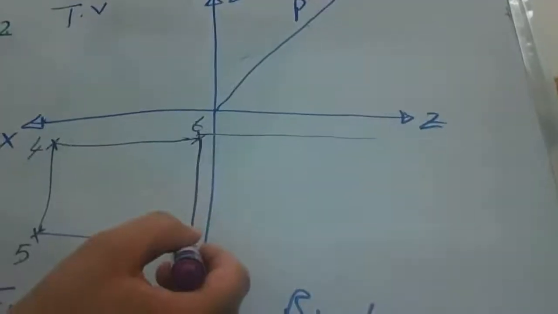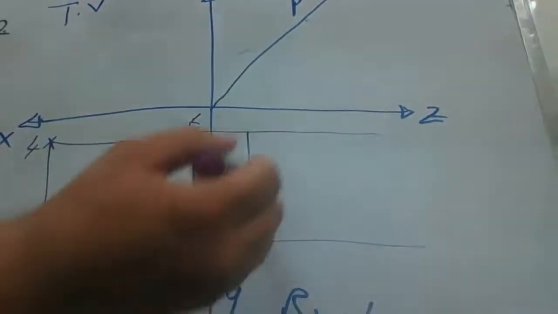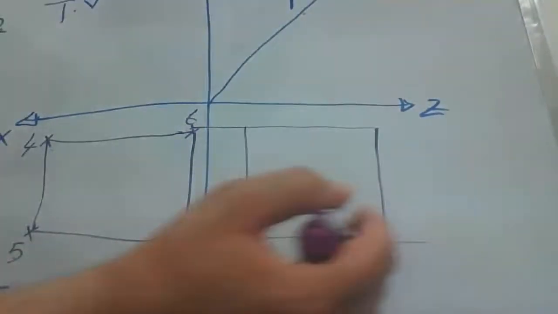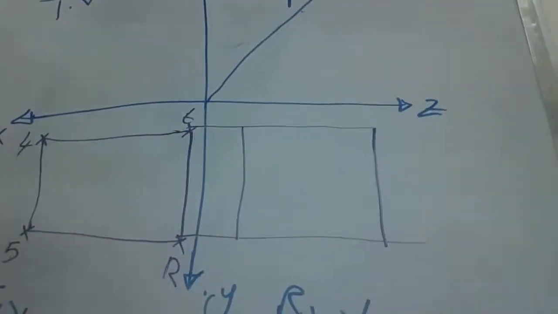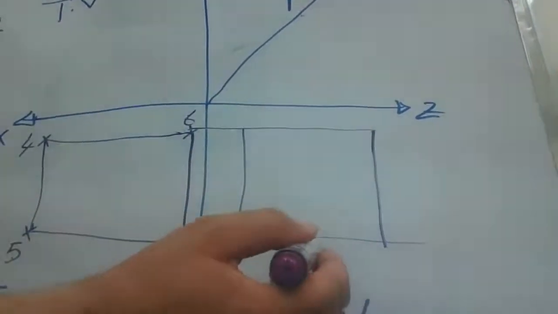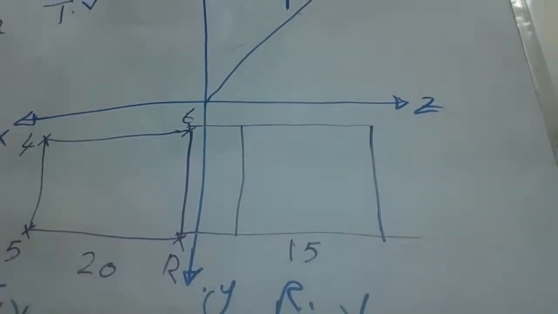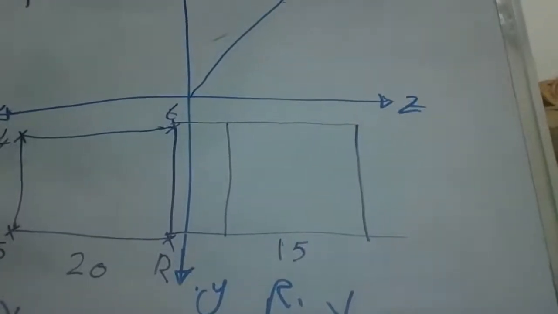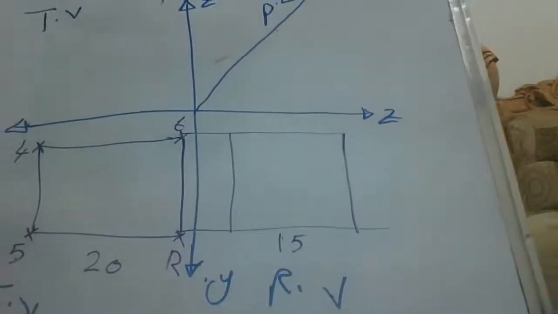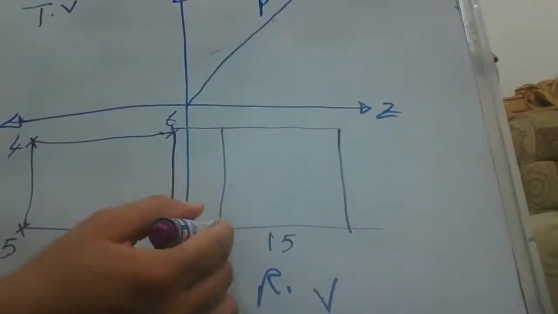For the right side view, we can also draw a rectangle here with a depth. Here the depth is 15 centimeters, and here the width is 20 centimeters. Now R is always here.